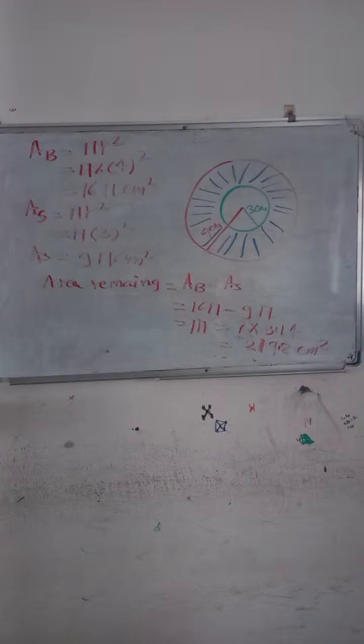I will repeat. In the adjoining figure, ABCD is a rectangle with dimensions 24 meter into 16 meter.